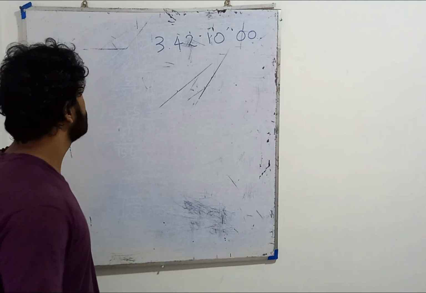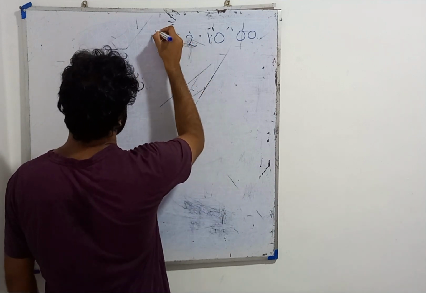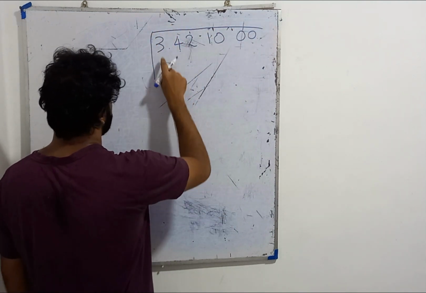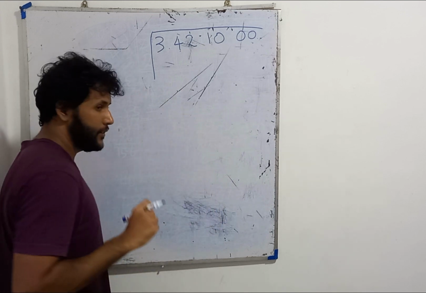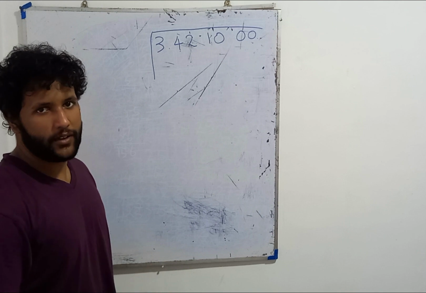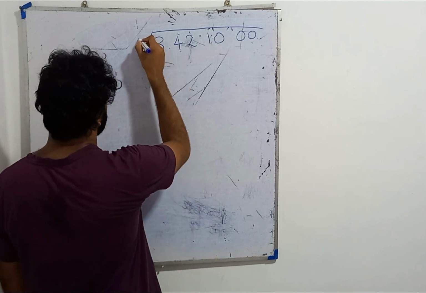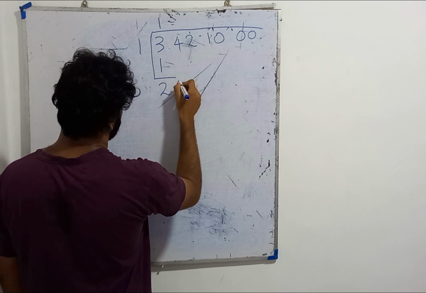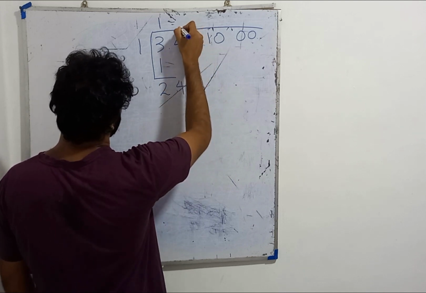Consider the left side. I think now you already know the procedure. Then you can directly do 1 and 1. 1, that's going to be 2, 4, 2.